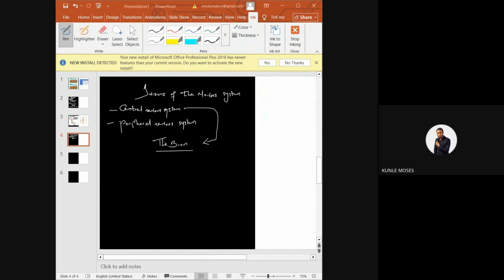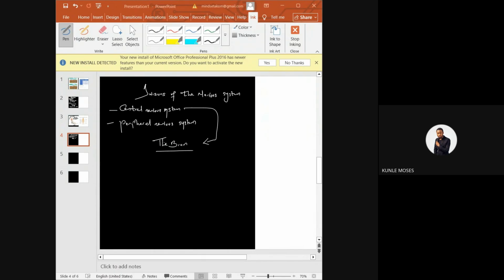Since they have nerves, they can carry information themselves, because with electrical signals in nerves, messages can be transmitted to the CNS, either the brain or the spinal cord, and they can also carry instructions from the CNS. So we have basically two types of PNS nerves, the cranial nerves and the spinal nerves.